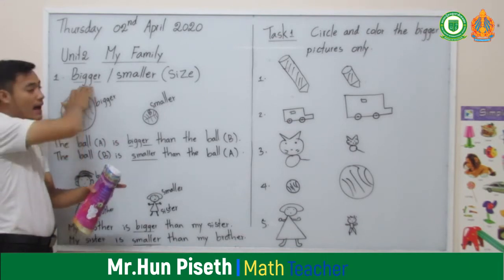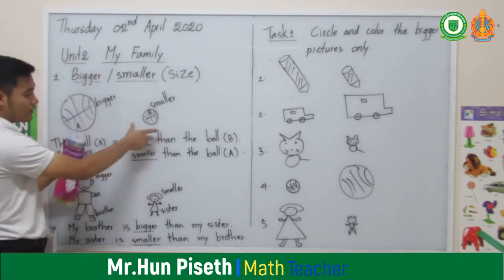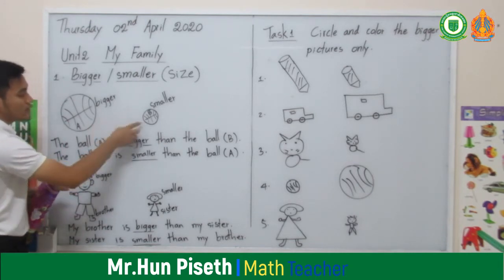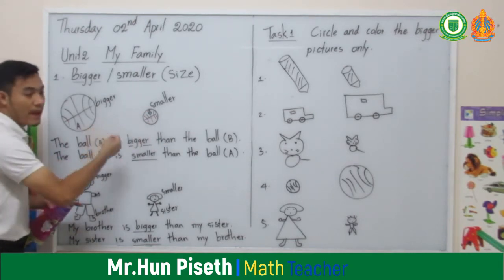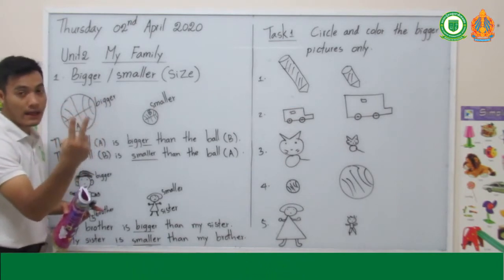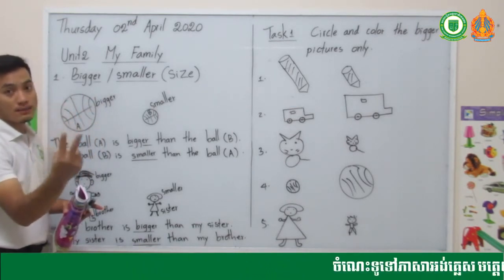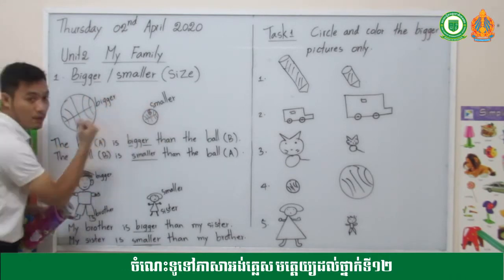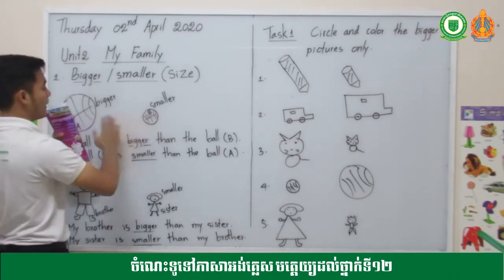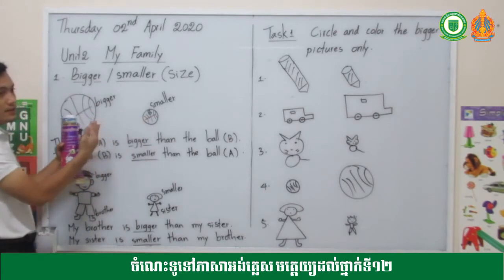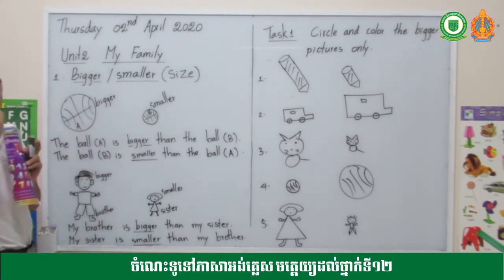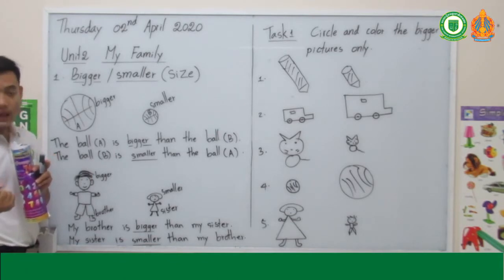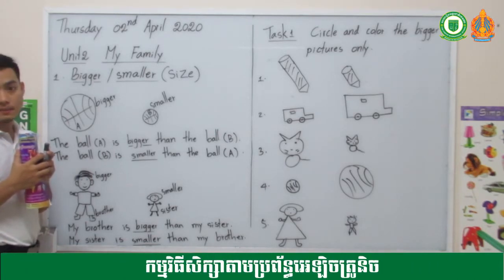But then I put the two balls close to each other, and you start comparing two things, or two objects, to find out which is bigger and which is smaller. When I put the balls close together, you can really tell which one is bigger and which one is smaller.